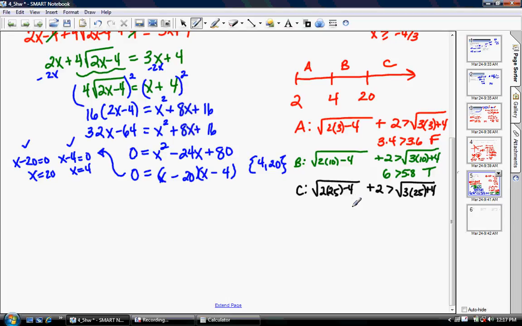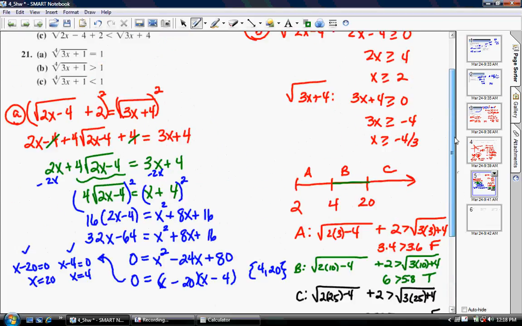And what is the square root of 46? 6.78. When we add 2, we get 8.78. And what do we get on the right? That's what? 75 plus 4 is 79, and the square root of 79 is 8.88. So that would be false. So our solutions occur in region B.